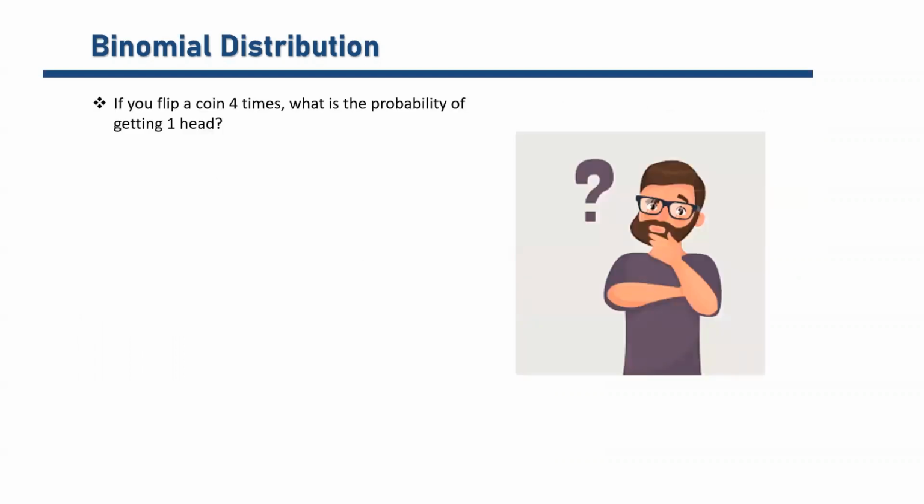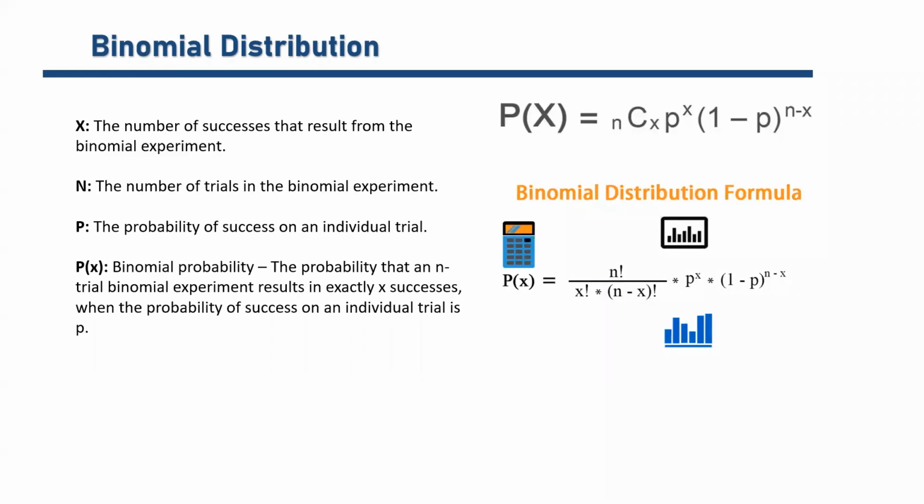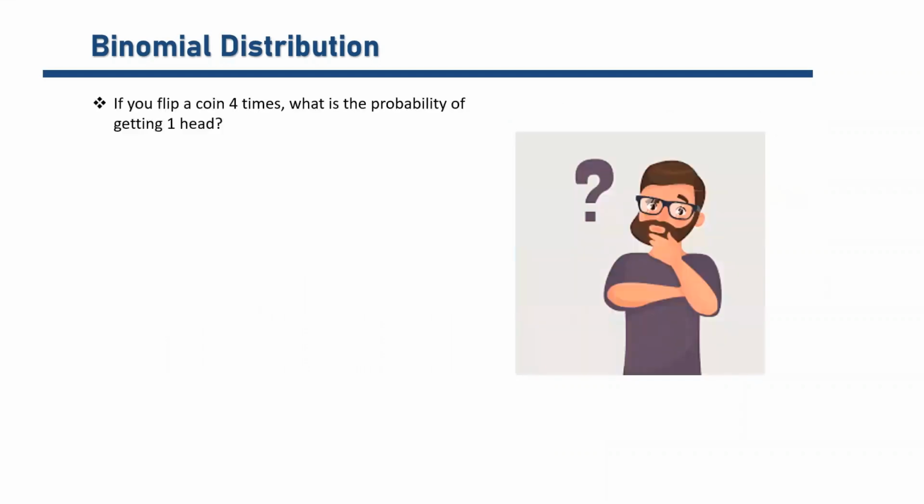Let's do this with an example of a coin. If you flip a coin 4 times, what is the probability of getting one head? If I want to do this with the formula, let's see how I can do that.